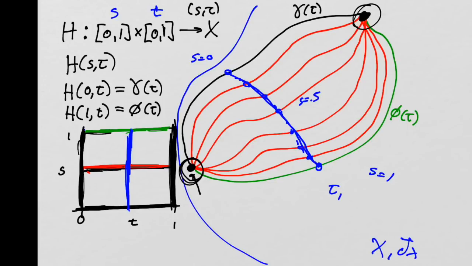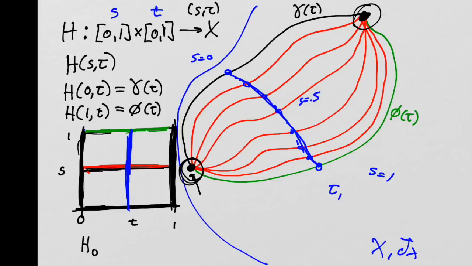If you have two paths that you can create this kind of function between them, you have homotopic paths. Now there is another notation that can be used that's kind of convenient. I can always put this S parameter that's here as a subscript, and you often see that.